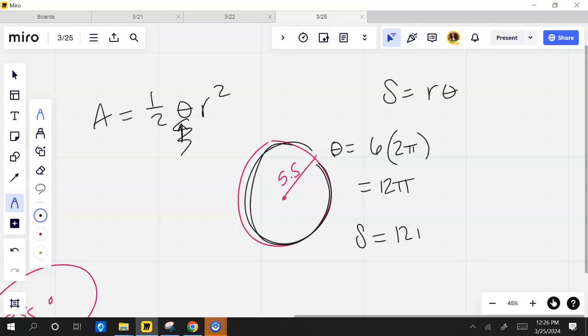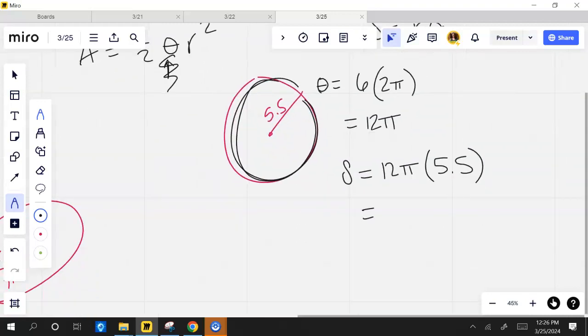I'm going to do 12 pi times my hour hand is 5.5. What's that come out to be? 12 times 5 is 60, and then another half of 12 is 6.